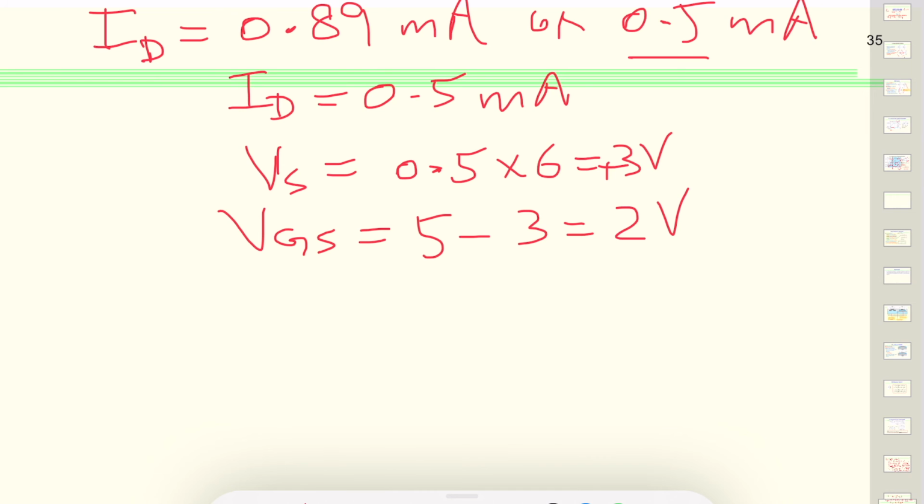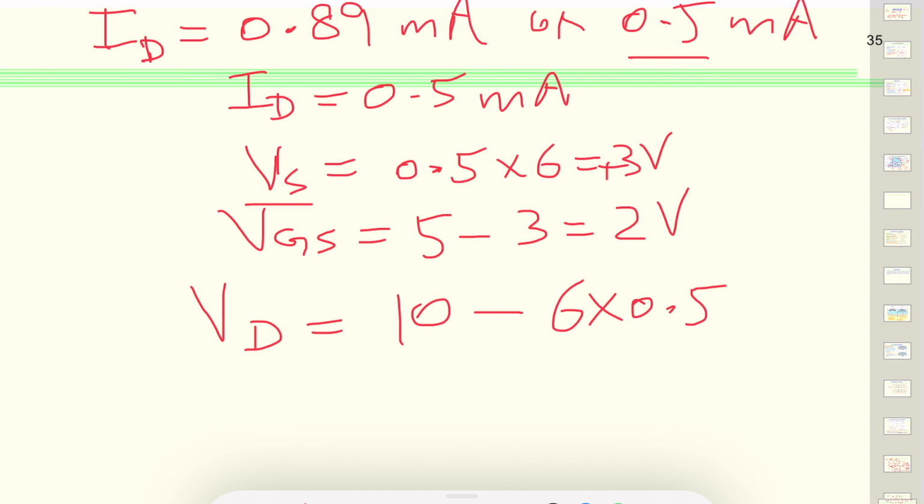looking at the voltage drop from 10 volt. So we find the drain voltage to be 10, the power supply, minus the voltage dropped on the drain side.